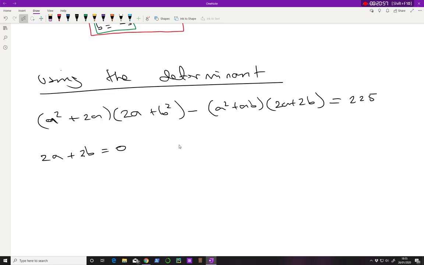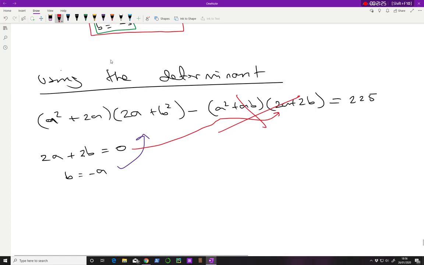And then I still have some unknowns here. I want to get rid of the b, so I'm going to make b the subject and say that b equals minus a, and then substitute that in and remind myself that this equals 0 because 2a plus 2b equals 0. So this whole thing goes to 0.